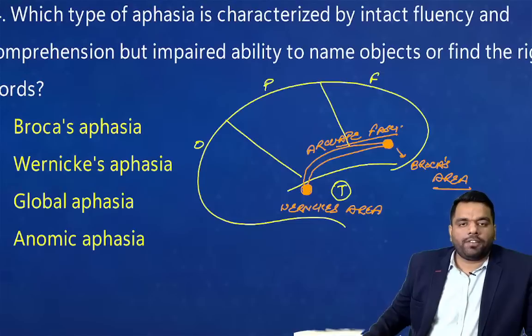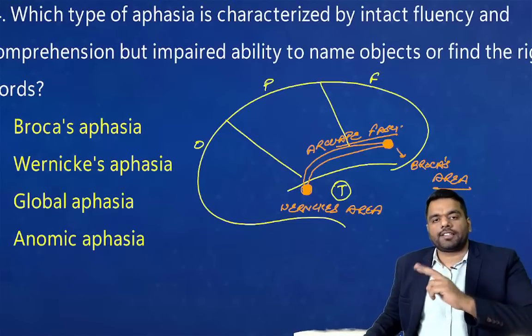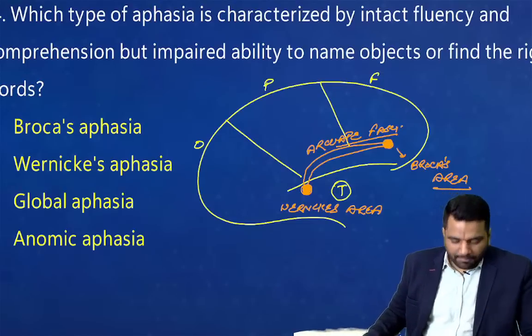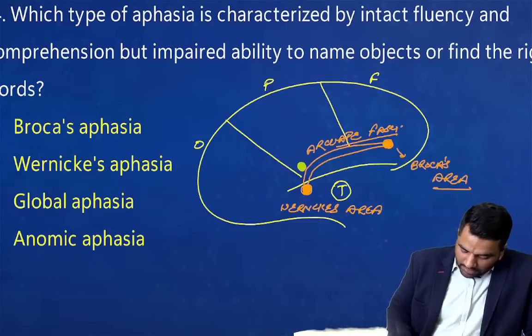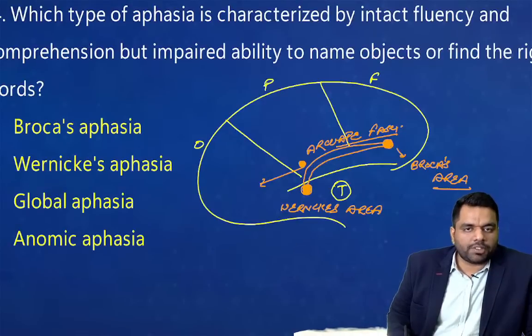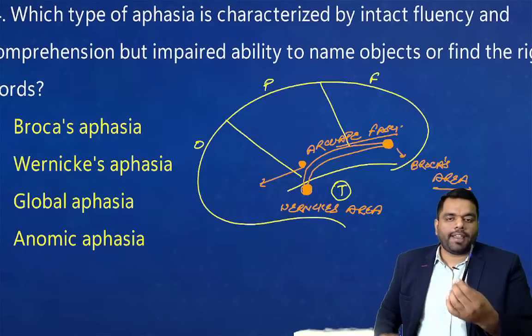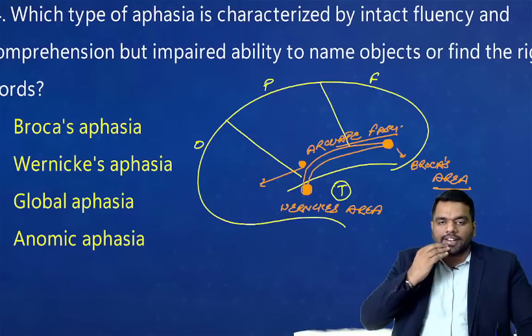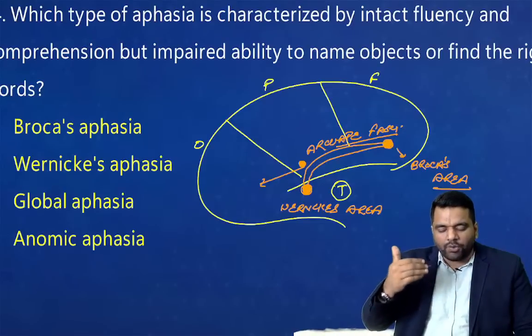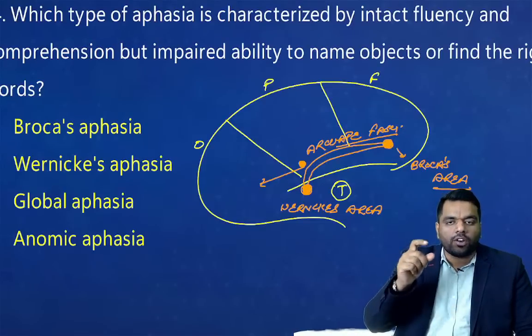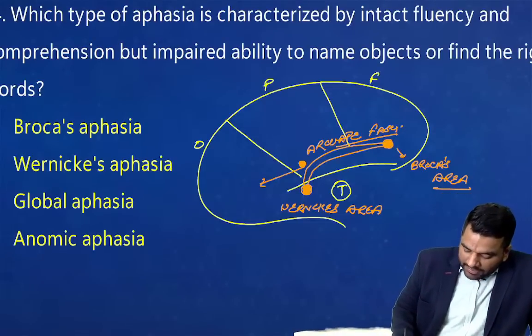So the arcuate fasciculus makes the connection between Wernicke's area and Broca's area. Another area is responsible for naming of objects, like this is the pen, this is the coat, today is the class of physiology.